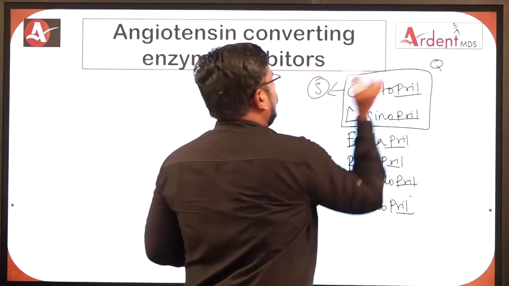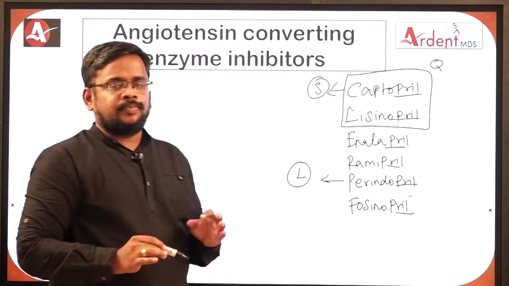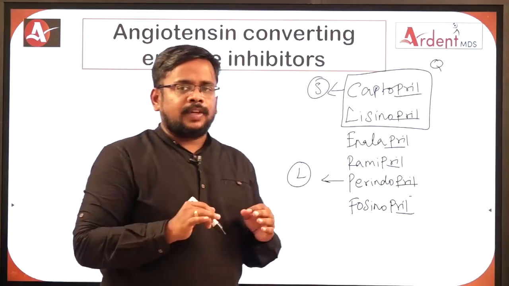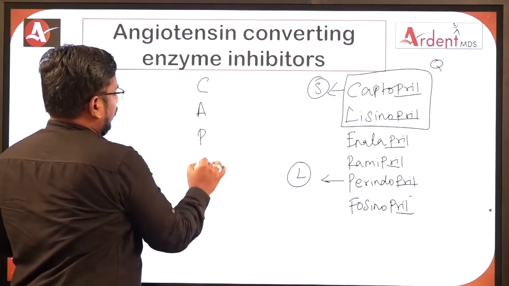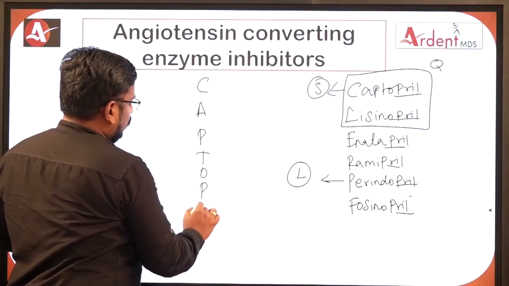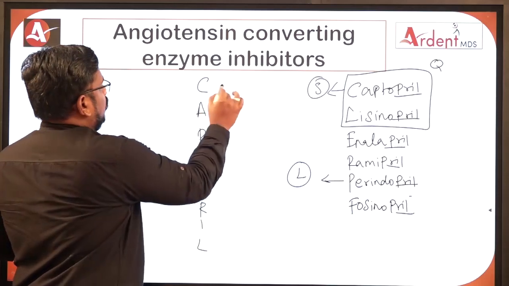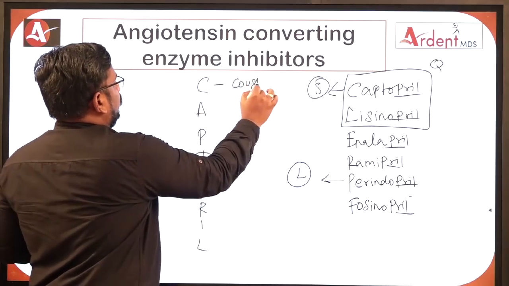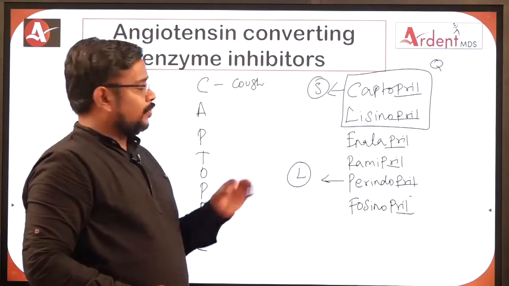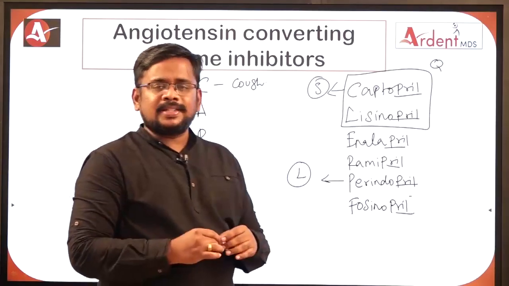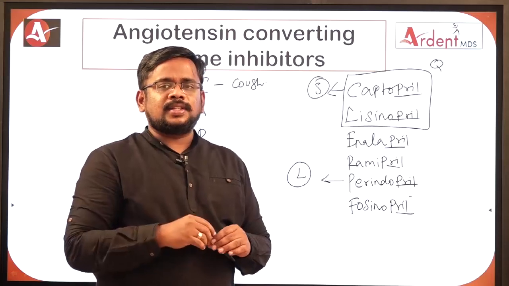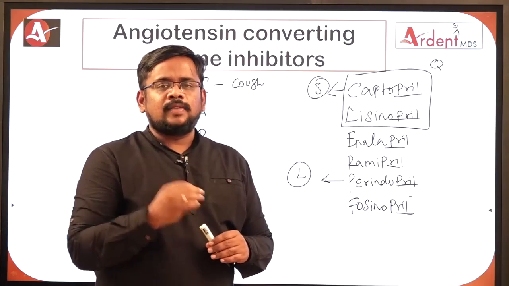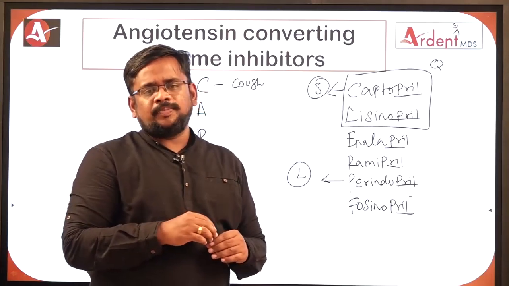One of the frequently asked multiple choice questions: what are the adverse effects of ACE inhibitors? Just remember the name captopril as a mnemonic for the adverse effects. C for cough. The most important adverse effect of the ACE inhibitor is cough, that too a dry cough. The reason for the dry cough is accumulation of bradykinin, which was asked in one of the recent exams.